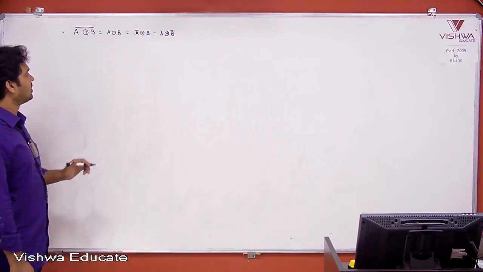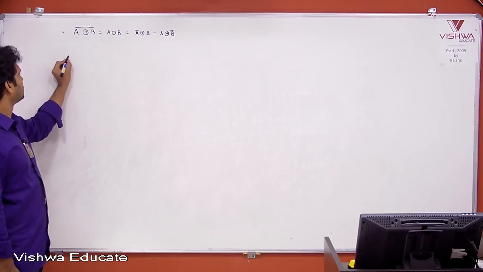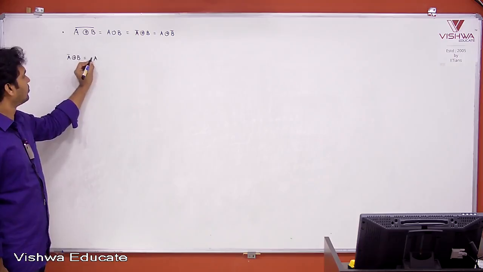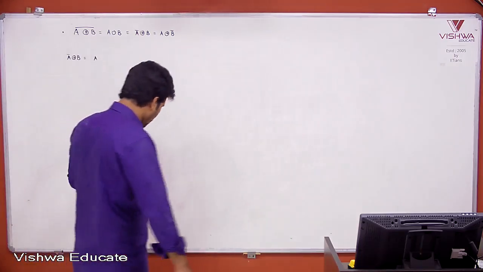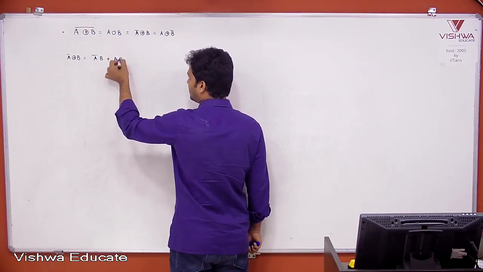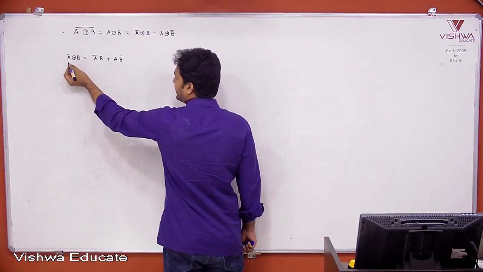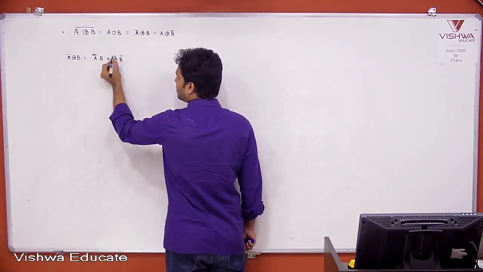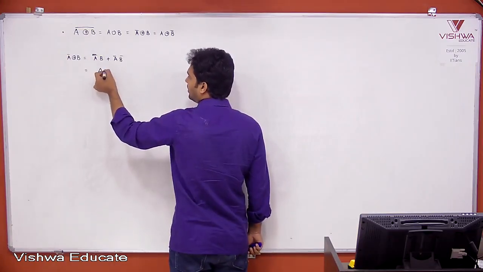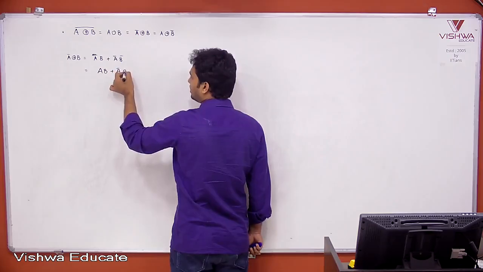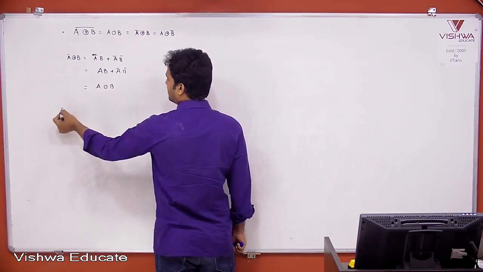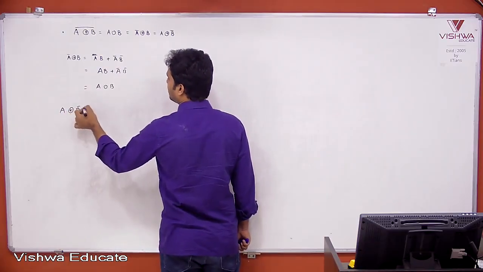Okay, you can understand here, I will prove this condition. For example, what is A bar XOR with B? First, you know A XOR B is A bar B plus A B bar. Replace A with A bar. Then A bar whole bar is A, so we get A B plus A bar B bar, which is A XNOR B. Similarly, what is A XOR B bar?